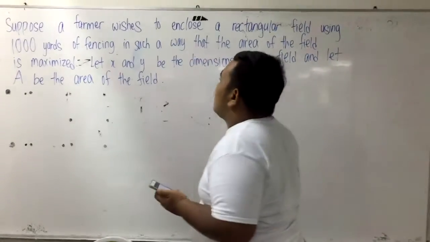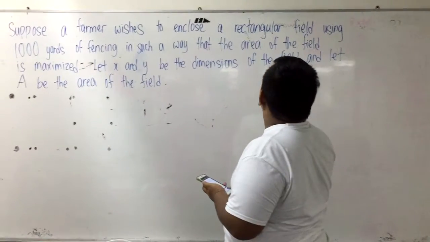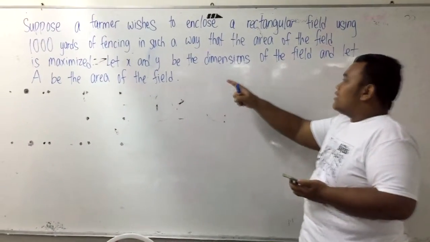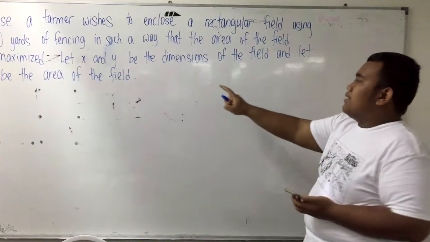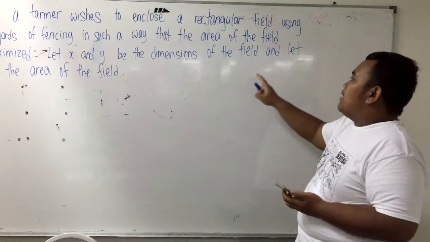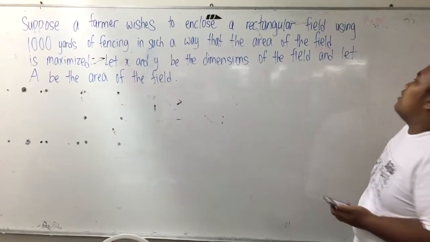Yes, alright. First, the question says, suppose a farmer wishes to enclose a rectangular field using 1,000 yards of fencing in such a way that the area of the field is maximized. Let x and y be the dimensions of the field and let A be the area of the field.